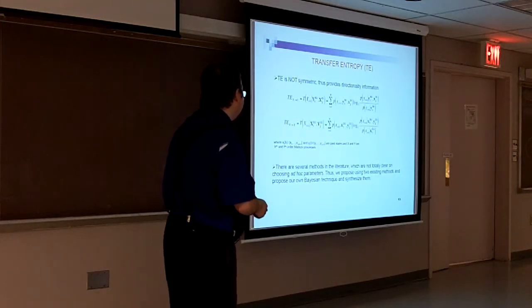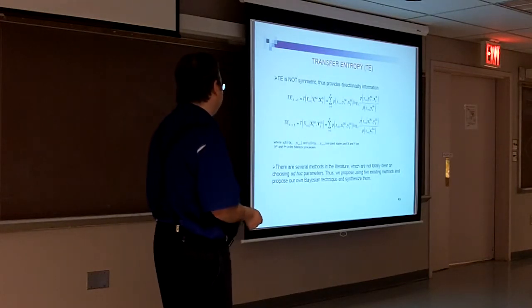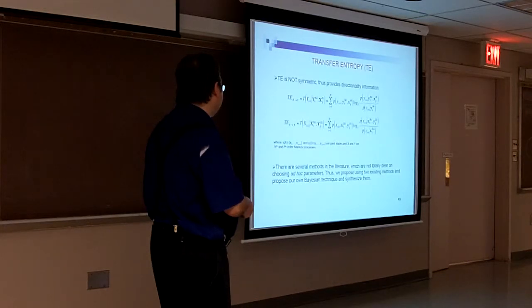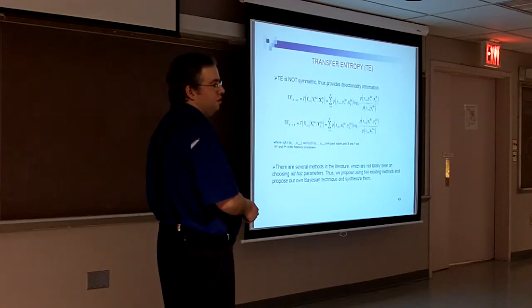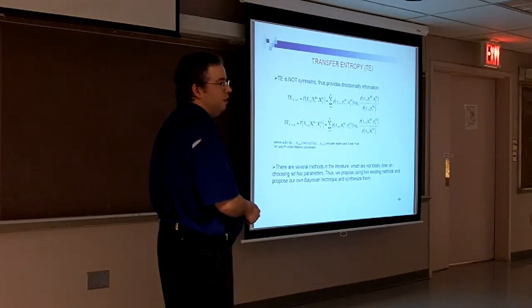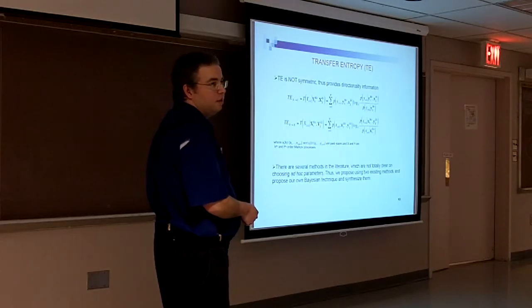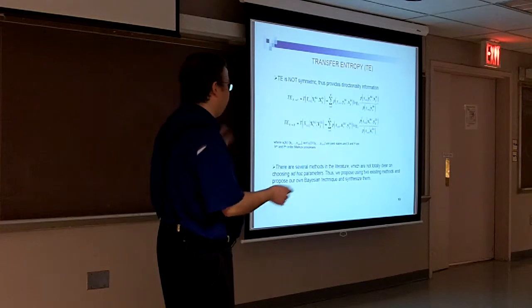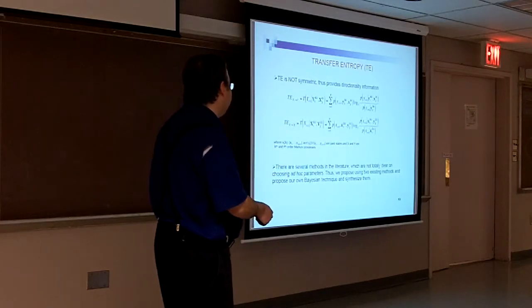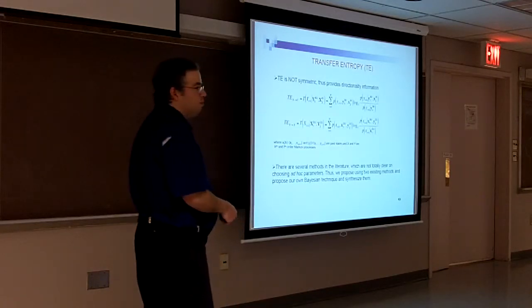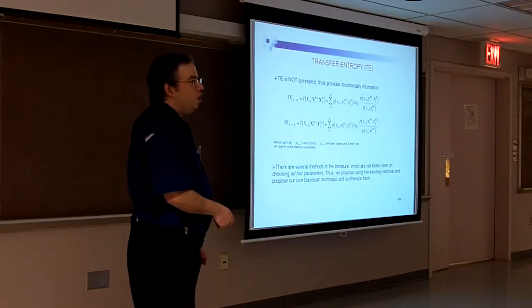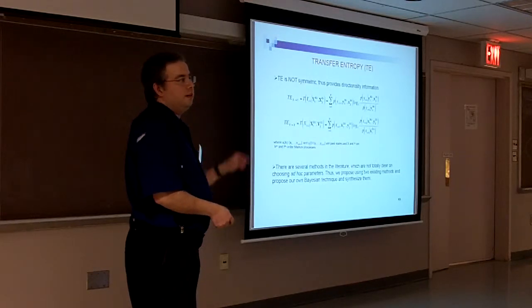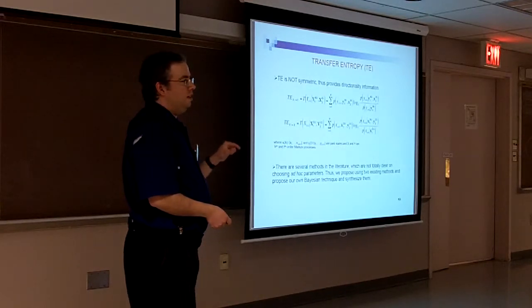Now the problem. The problem is there are several methods in the literature, which are not too many. You can search for them on the internet. There are a couple of methods, which are not totally clear about choosing their ad hoc parameters. In all of those methods, there are some parameters, and none of those methods tell you why they chose those parameters.